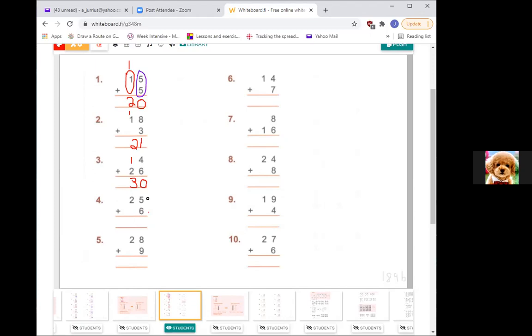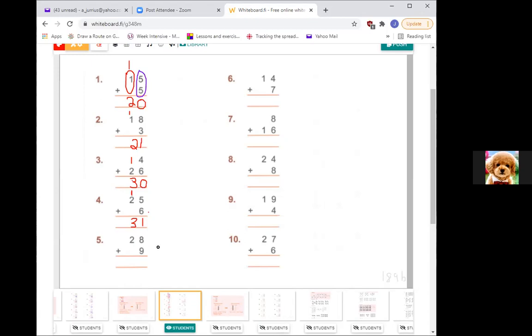Can you add it for me? 5 plus 6 equals 11, and 2 plus 0 equals 2. Right, now be careful. 5 plus 6 is 11, yes? So we write down 1 and we carry the 1. The extra 1 there from the tens. So now it's not 2 plus 0, it's 1 plus 2 plus 0. What's 1 plus 2 plus 0? 3. So the answer is 31.